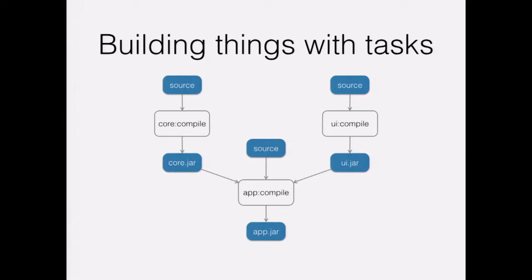So I've got some application, it depends on some core library, some UI library. Cool. When I go Gradle, please build my core library, it runs this task to compile the source into the library, and that's all it does. All this other stuff, it doesn't need, it doesn't touch it. So it's not doing unnecessary work.